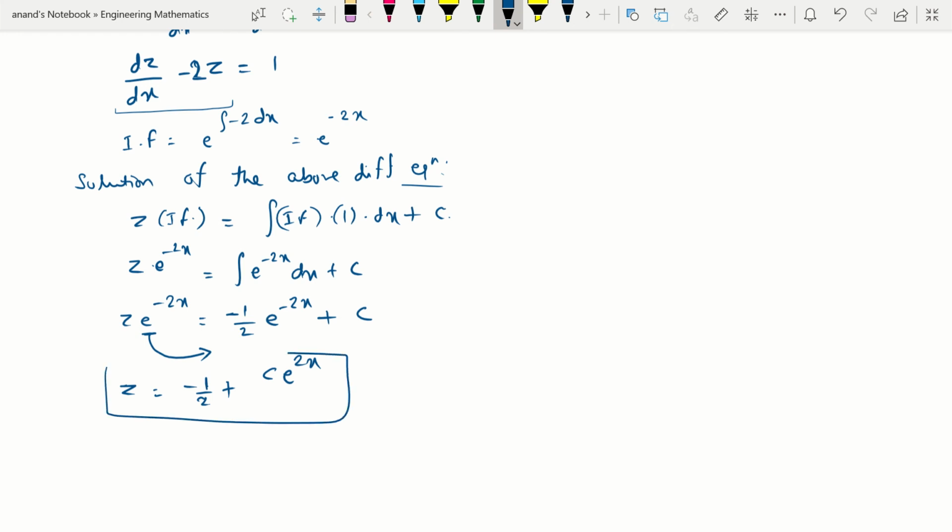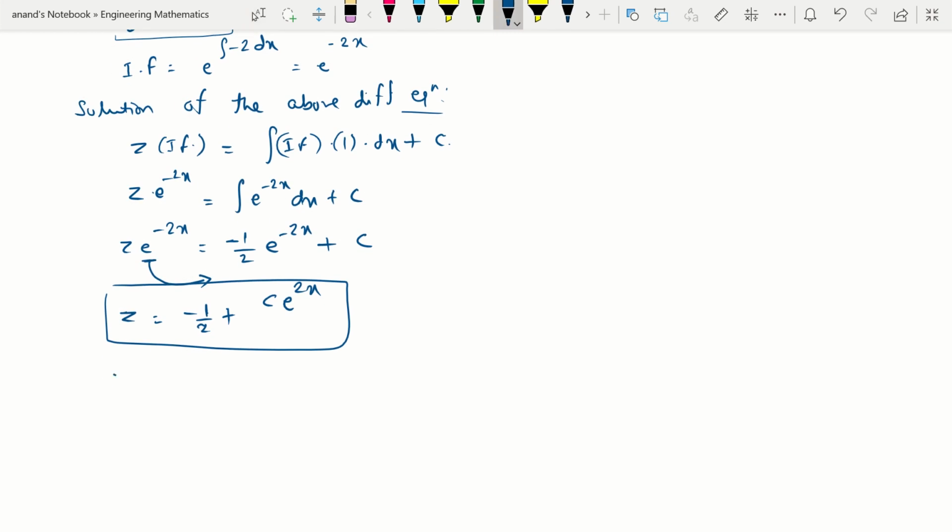So this is the value of z, but we have to find the value of v. So we have to write dv/dx over here, and hence we get −1/2 + c e^(2x).